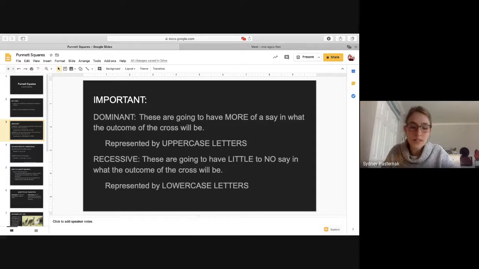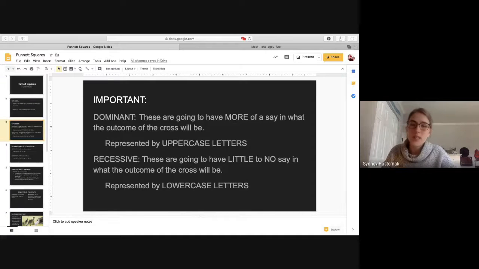And I'm sure when you guys went over this in middle school, you remember them being represented by uppercase letters. And so a big T might represent a dominant allele, whereas a little t might represent a recessive allele. And so a recessive allele, these are going to have little to no say in what the outcome of the cross is going to be.